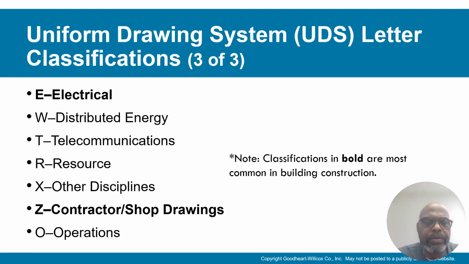It will not have every one of these because it all depends on the building and what's part of it. A building may not have telecommunication, and because of that, it won't have a section T. And they may use R or some of these letters for different things too, because I have seen it before in commercial restaurants when they would use R for refrigeration or a K for kitchen.